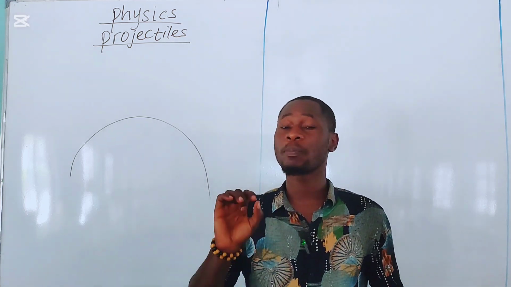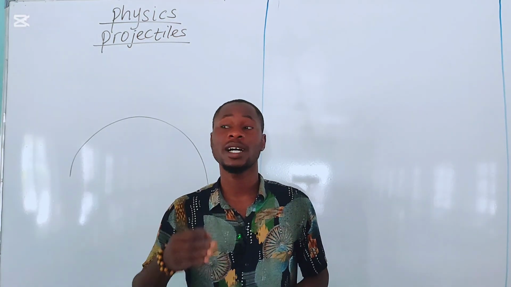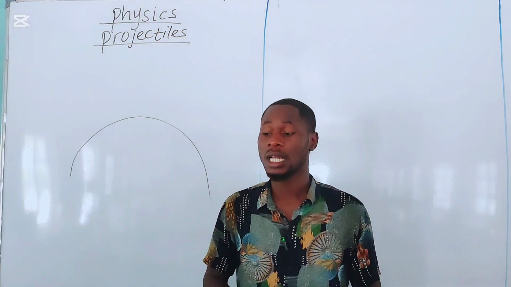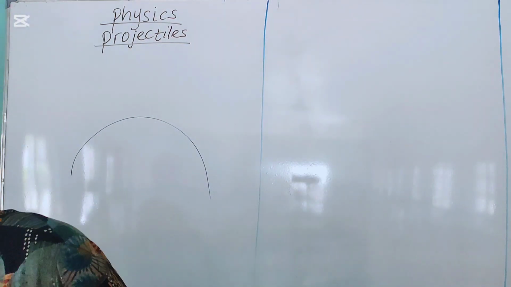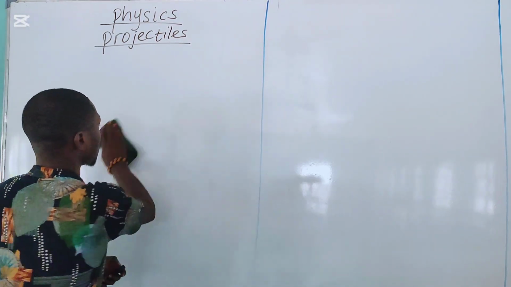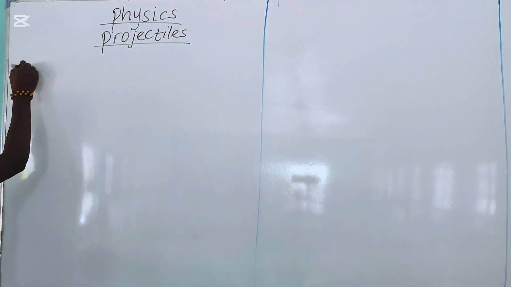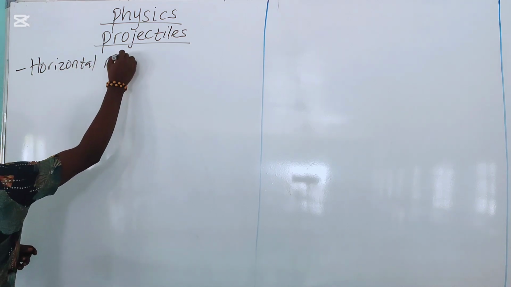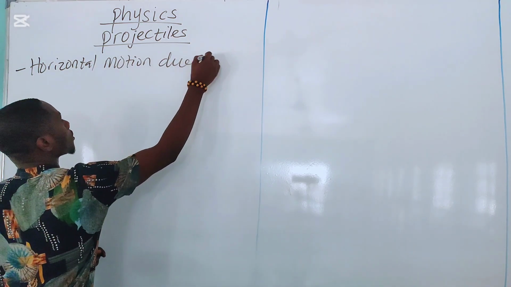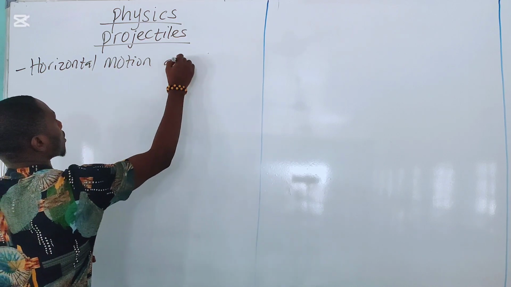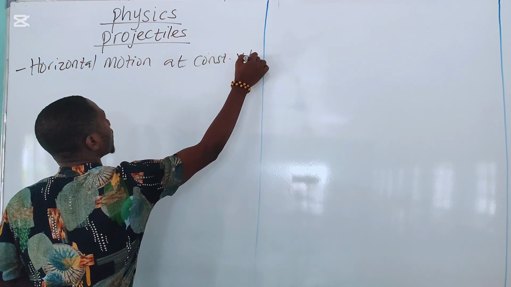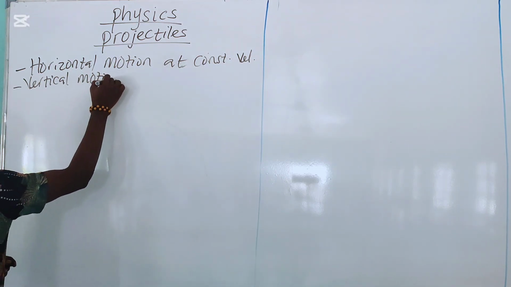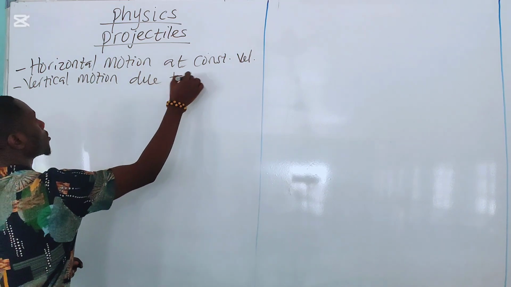And one thing we also need to know about projectile motion is that a projectile, at every point of its motion, is characterized by two independent velocities, or two independent motions. We call them the horizontal component, or horizontal motion, at a constant velocity, and the vertical motion that is due to gravity.